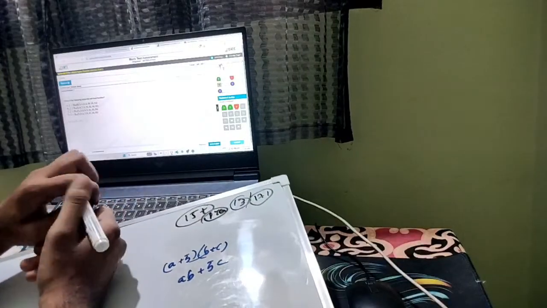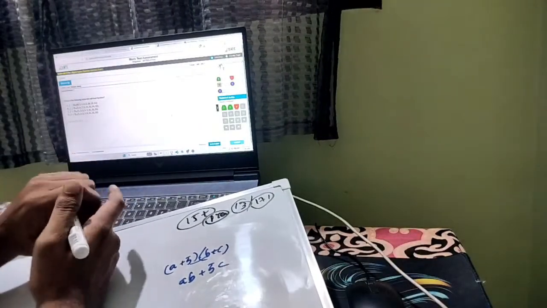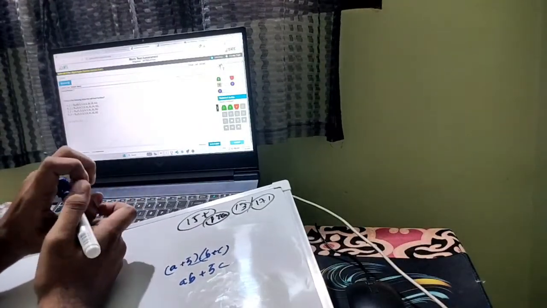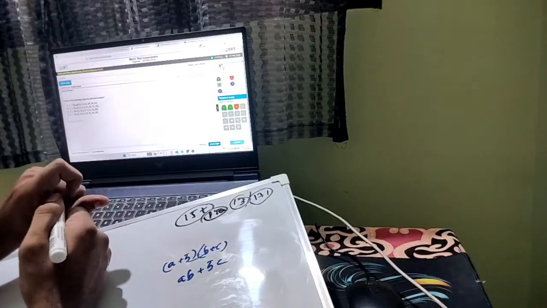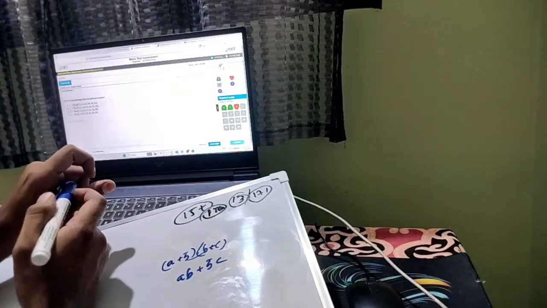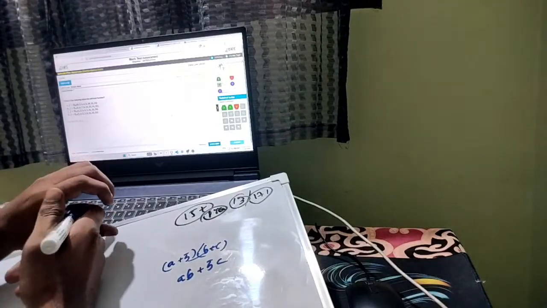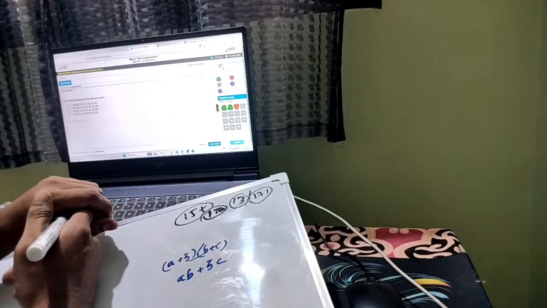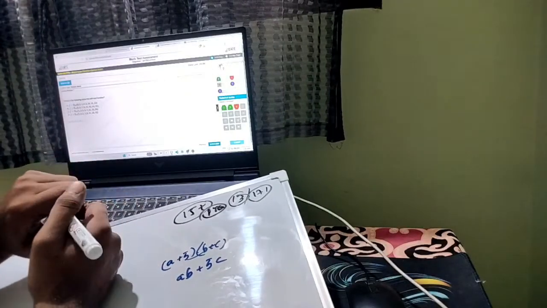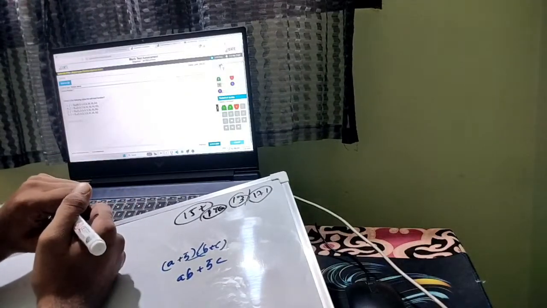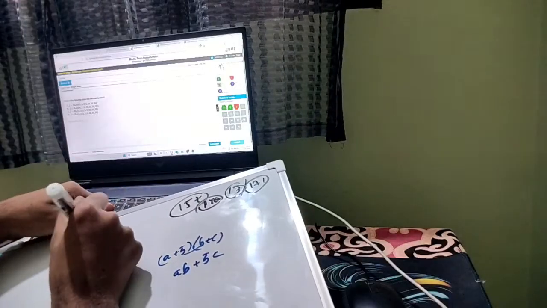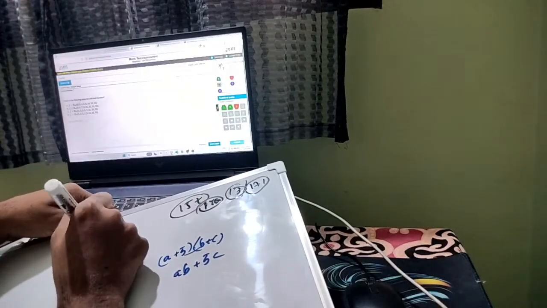So what is the self-dual function? Self-dual means just dot becomes plus, plus becomes dot. That's all.